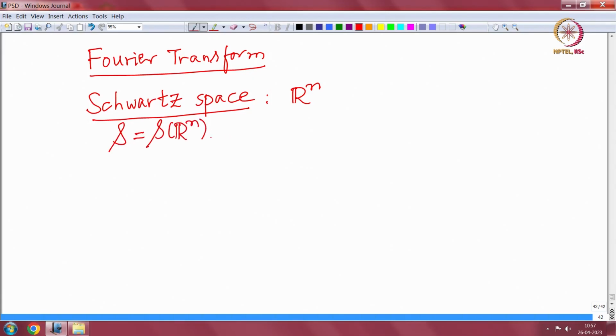Okay, so this consists of functions. So let me denote by phi a typical element, which are C infinity.